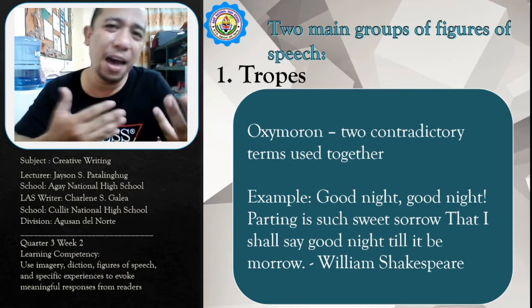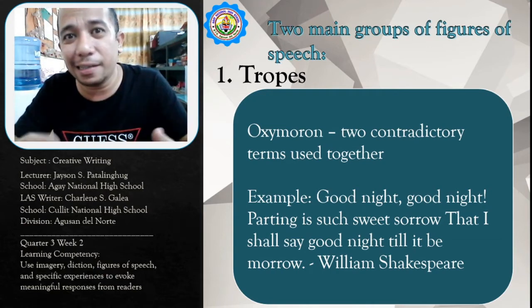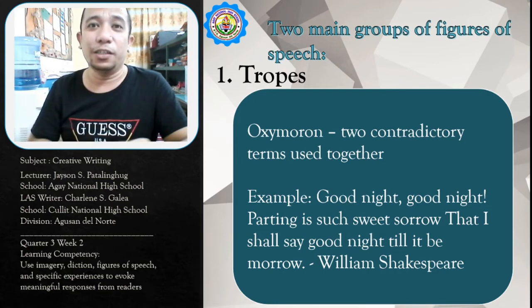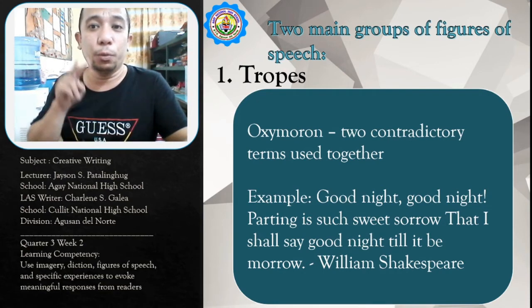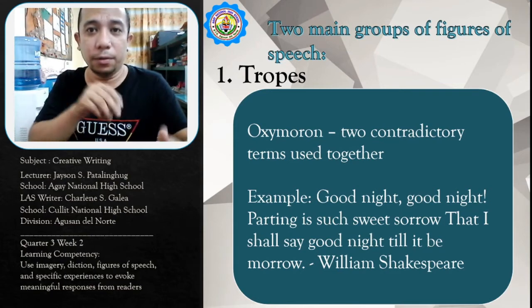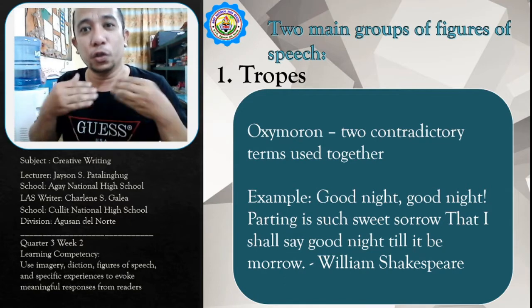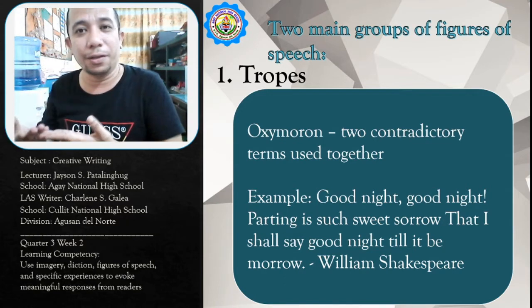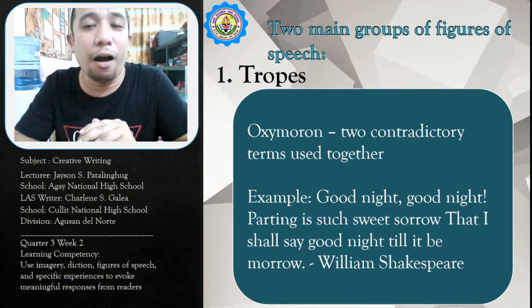Sweet is something happy, but sorrow is sad. So they are conflicting ideas or conflicting words, which literally are trying to describe parting, separation, as sweet and sorrow at the same time.